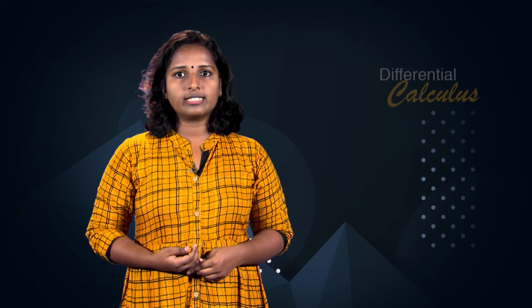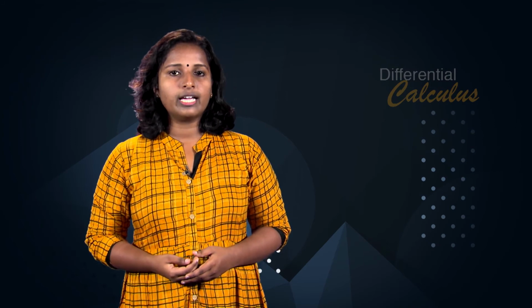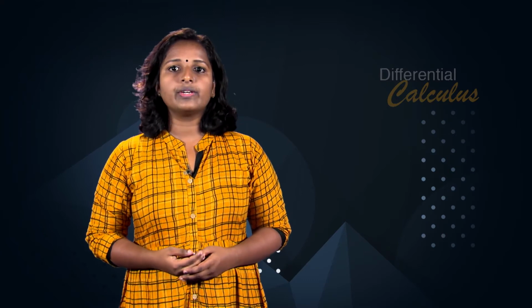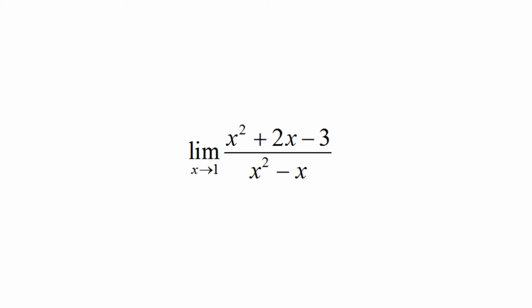Cancelling common factors in the numerator and denominator will sometimes reduce the fraction to one whose limit of denominator as x approaches c is no longer 0. When this happens, we can find the limit by substitution in the simplified fraction. As an illustration, let us evaluate the limit of (x square plus 2x minus 3) upon (x square minus x) as x approaches 1. Here the limit of both the numerator and the denominator of the rational function as x approaches 1 are 0.